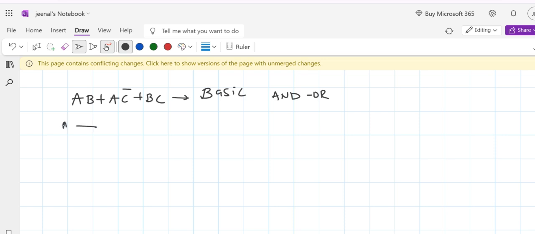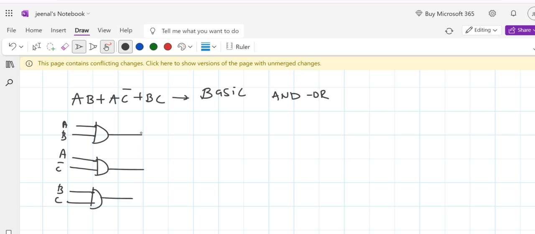So we have A here, B here. It goes to an AND gate. Then we have A, C bar. This also goes to an AND gate. Then we have BC. This also goes to an AND gate. So this is AND. And the second step is to do an OR function.